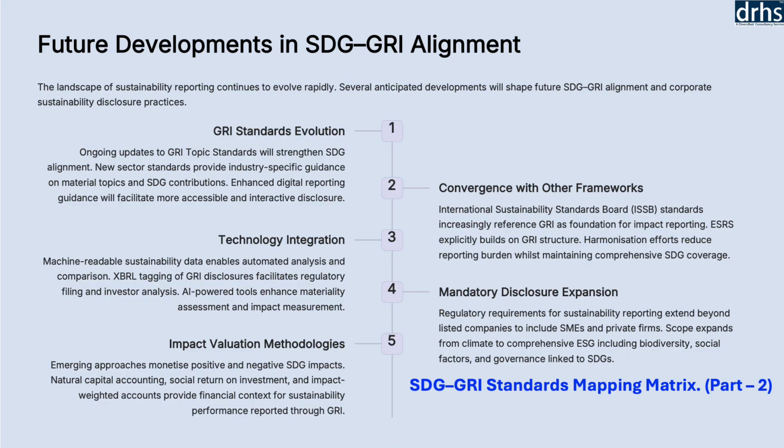Under the current topic, it positions the SDG-GRI Mapping Matrix as a strategic tool that transforms global development ambitions into credible, standardized, and impact-oriented reporting. It serves as a strategic tool for corporate reporters, investors, and sustainability professionals seeking to align their ESG disclosure practices with global development objectives.